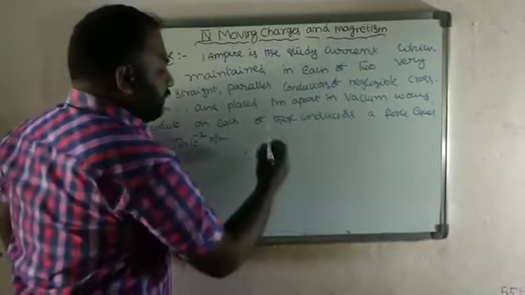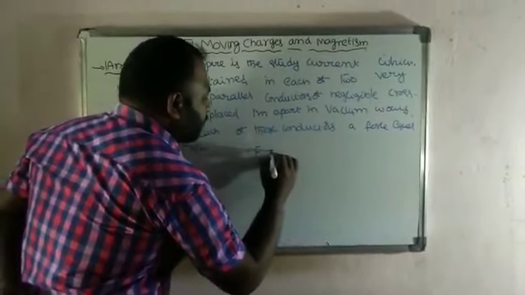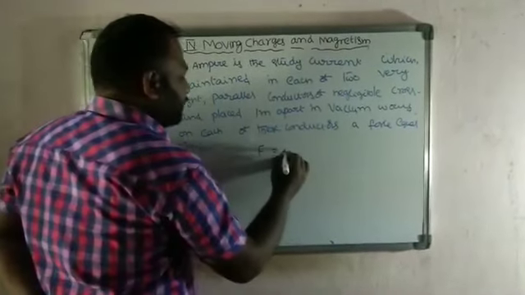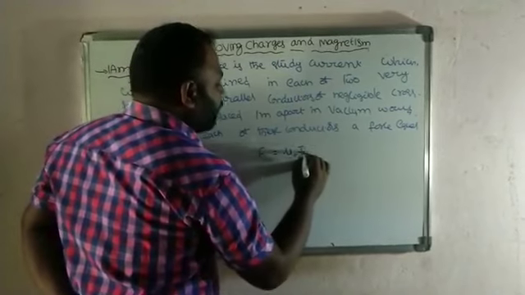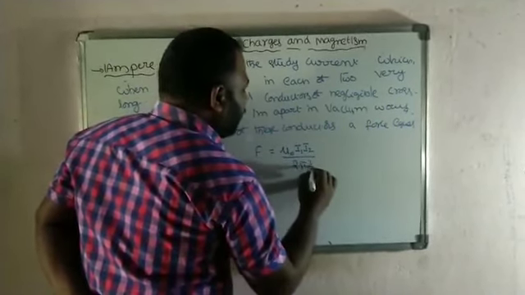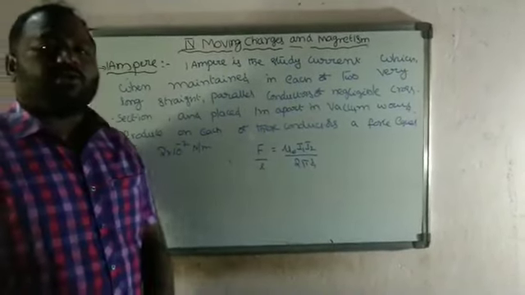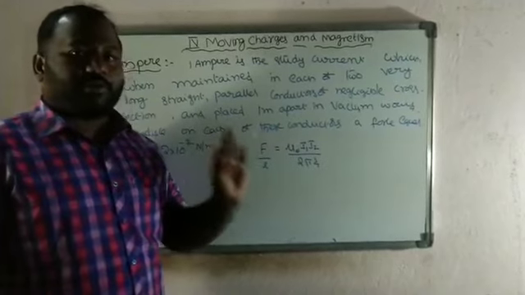What is the meaning of that? Here we derived that the force between two parallel current carrying conductors is mu naught I1 I2 L by 2 pi d. Taking L to this side, the force per unit length is equal to mu naught I1 I2 by 2 pi d.